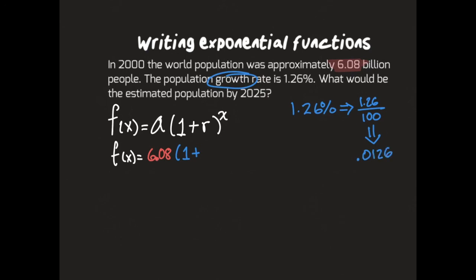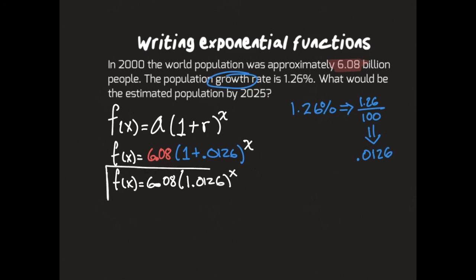So it'll be 1 plus 0.0126, to the x value. Now my equation is f of x equals 6.08 times 1.0126 to the x.